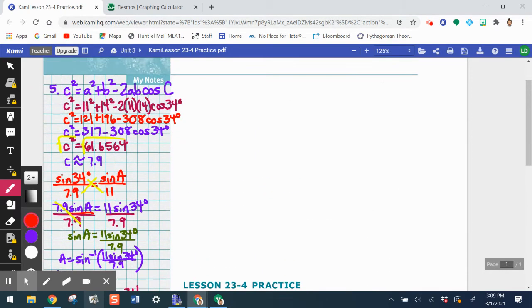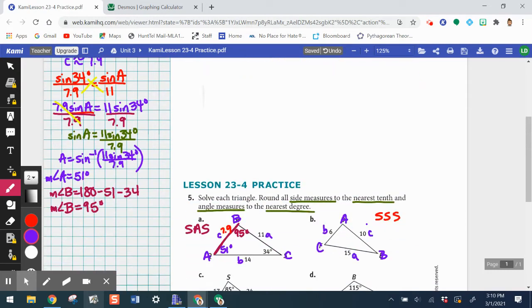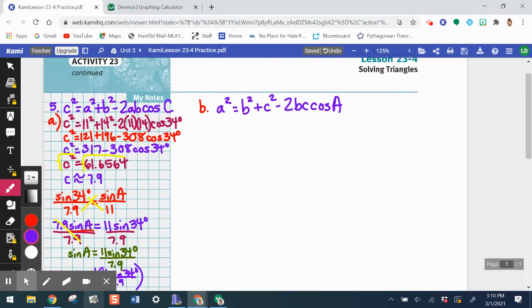So for 5B, so this is actually 5B, I should say that. Notice I erased the work here just to give us some space. For 5B, we're going to use the equation set equal to a. So a squared equals b squared plus c squared minus 2 times b times c times the cosine of A. And again, that represents the measure of angle A. The reason we're using this law is that it finds the measure of angle A. So let's see what those measurements are. a is 15, b is 6, and c is 10.